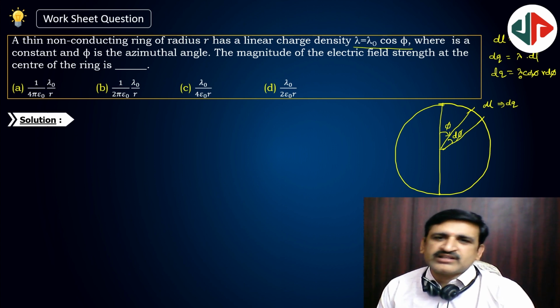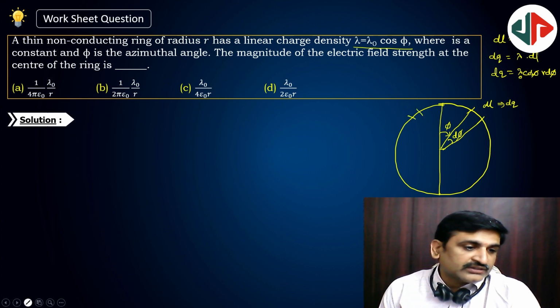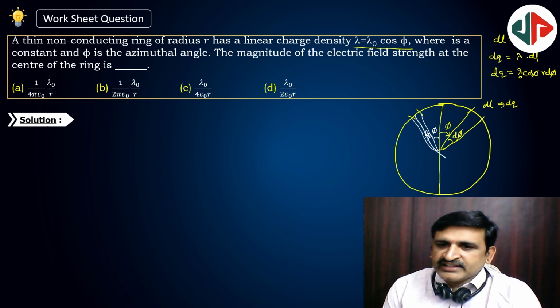It's a big problem, not a simple one. Now similarly, one more element you can consider on the left side, identical, with the same phi and the same d phi. This will cause a field like this, which I call dE2, and the other will cause a field like this, which I call dE1.